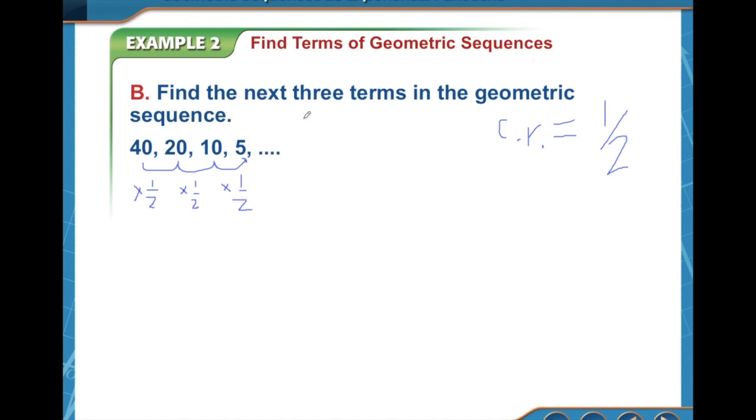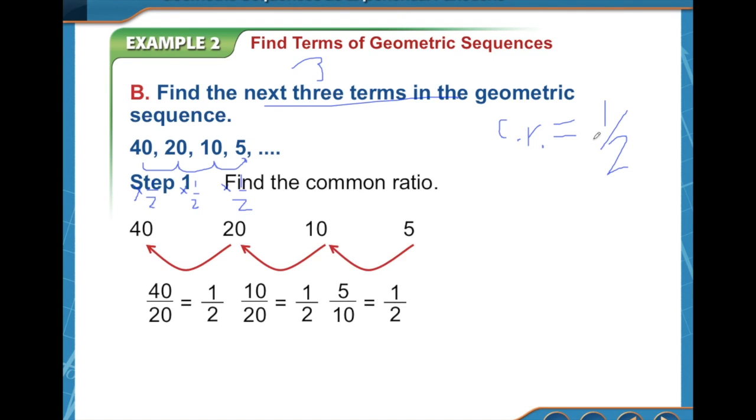So we're asked to find the next 3 terms in the sequence. So let's do it. If we're at 5, we must then multiply by our common ratio, 1/2. And then we can do that again and do it one more time. So we already know our common ratio is 1/2. We said that. So let us now find the next 3 terms of the sequence. Starting at 40, 20, 10, 5, now find the next 3.